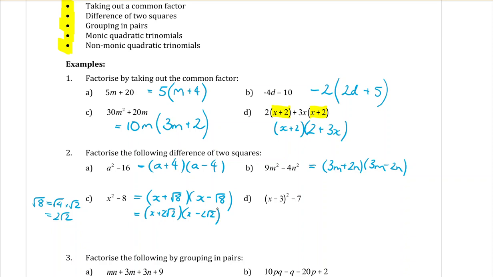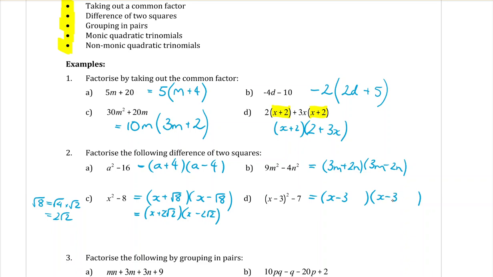Okay, part D. This is still a difference of 2 squares. I have a bracket squared minus another number that's not going to square root very nicely, but it'll still work. So if we stick to our process, 2 brackets, the square root of this whole first term is going to be x minus 3. x minus 3 out the front of both brackets.